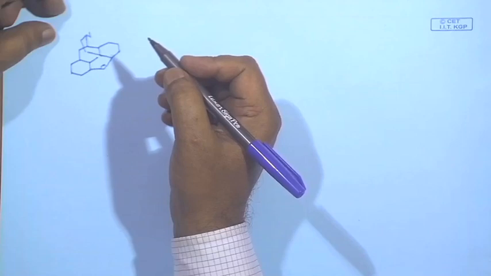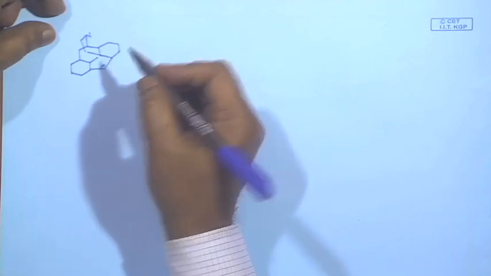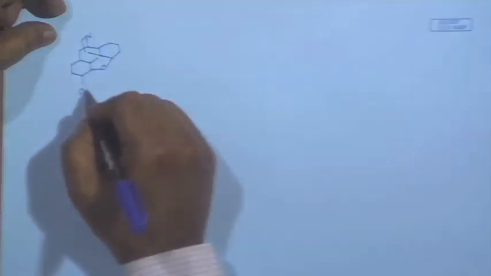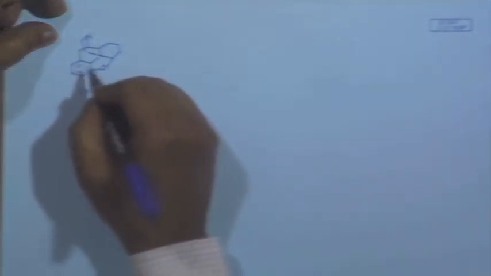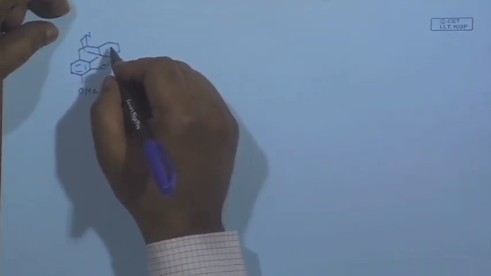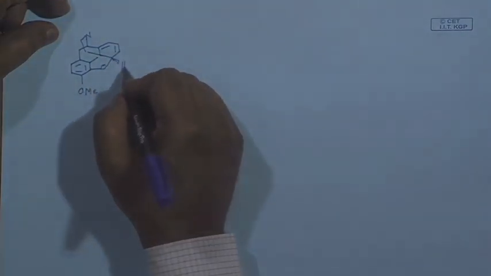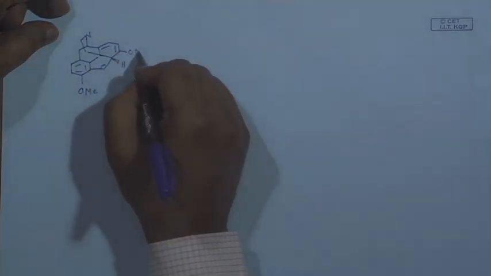Actually, biosynthetically it is derived from a benzyl isoquinoline. And thebaine has a structure where you have a methoxy group, one of the benzene rings is aromatic, and then subsequently we had a structure of this kind where we have a methoxy.